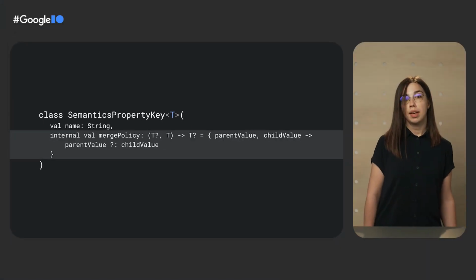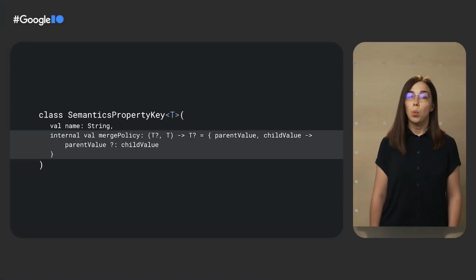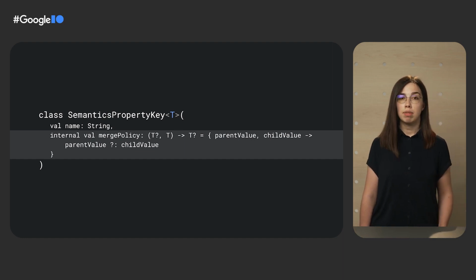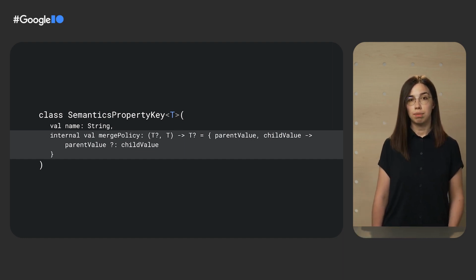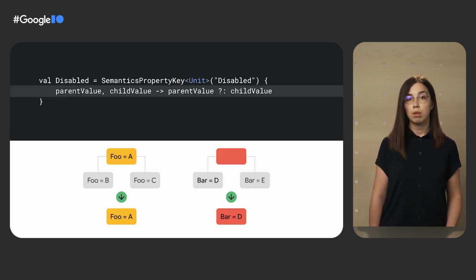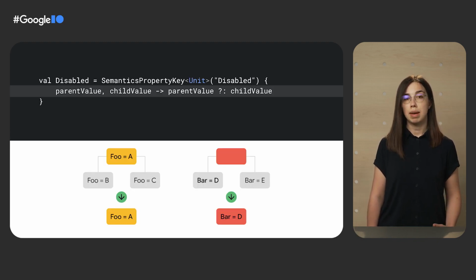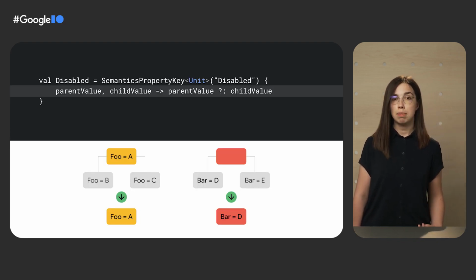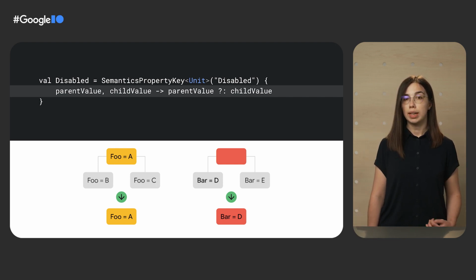The merging is happening according to the merging policy. We define the merging policy separately for each semantics property. As you can see, the merging policy resembles the reduce function of the Kotlin collection. Here are a few examples of the merging policies for the existing semantics properties. For most of the semantics, we pick the parent value if one exists, or otherwise use the child value.